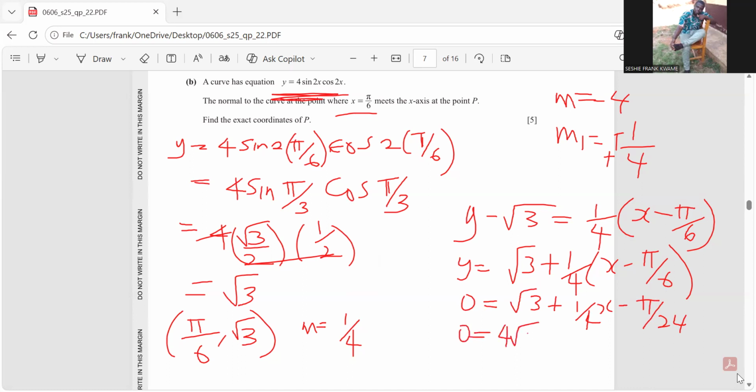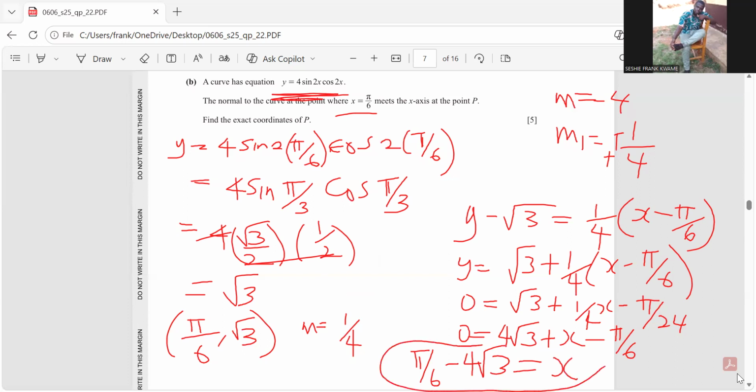And this is 4 root 3 plus x minus pi on 6. So x becomes pi on 6, crossing the equal sign, then 4 root 3 will now become minus 4 root 3. So x is pi on 6 minus 4 root 3, and the y coordinate is 0. So our final answer will be pi on 6 minus 4 root 3, comma 0. That is the coordinate of P.